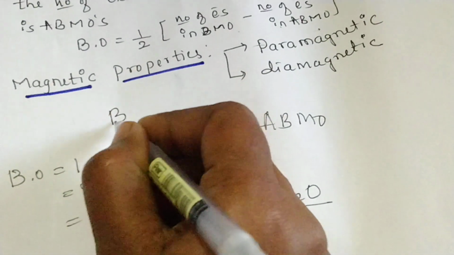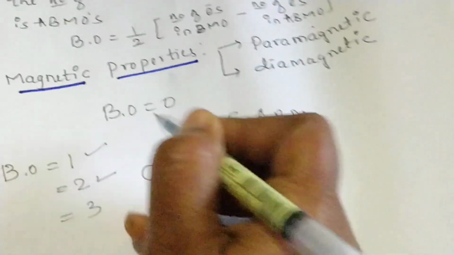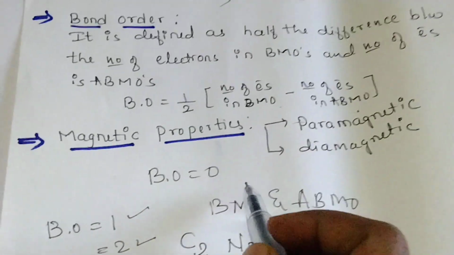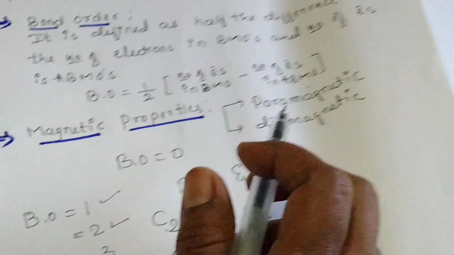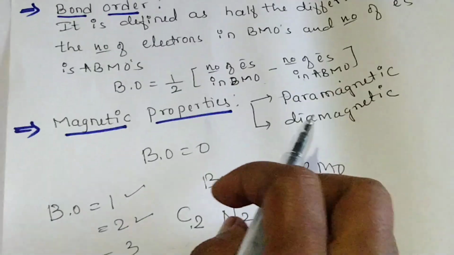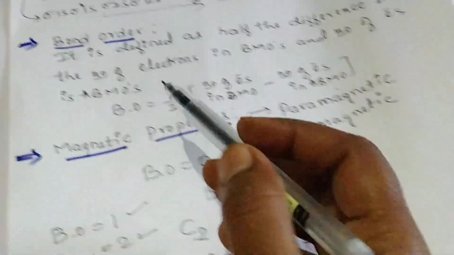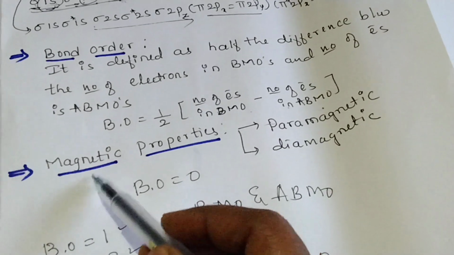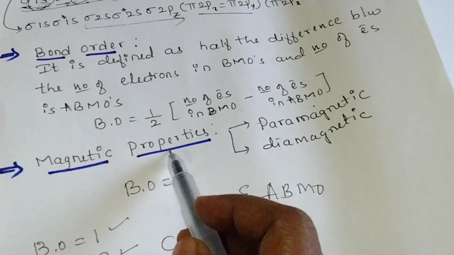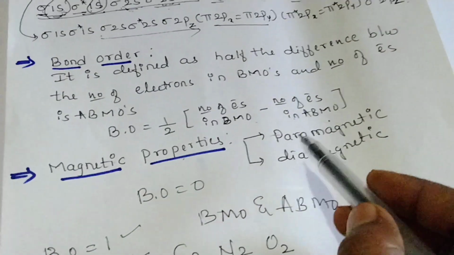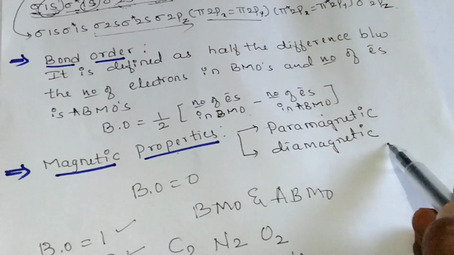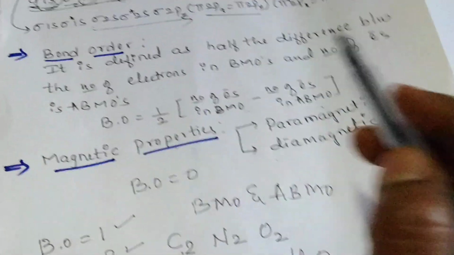If the bond order value is 0, the molecule doesn't exist. Another thing we can calculate is the magnetic property. We know there are two types, paramagnetic and diamagnetic.